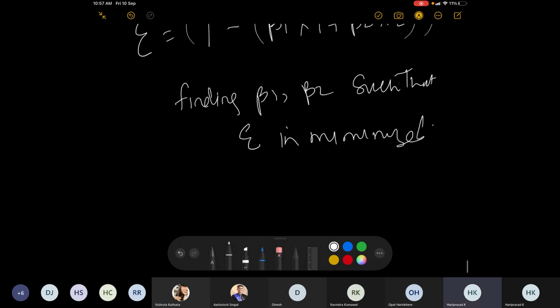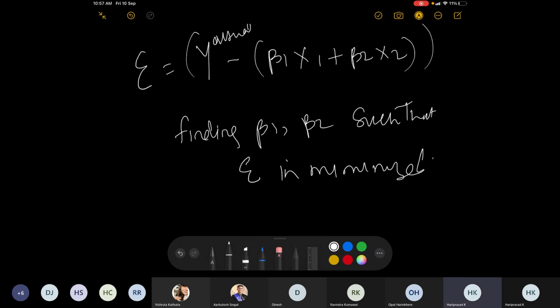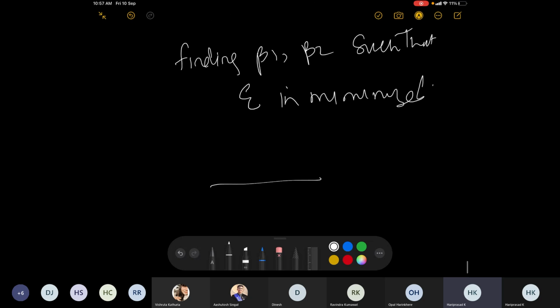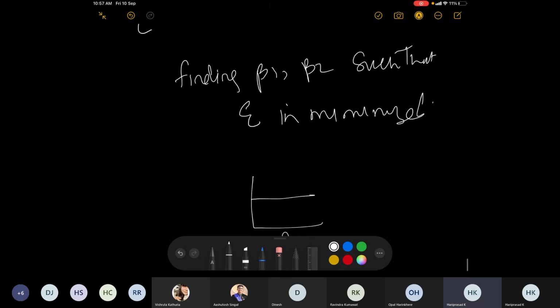Okay, so I'll stop. Generally, epsilon, whatever you have written, is okay, but the problem with this epsilon is that it would keep on oscillating. Let's say this is 0. This is epsilon, and this is the magnitude of the error.